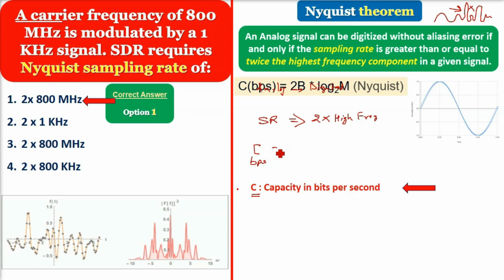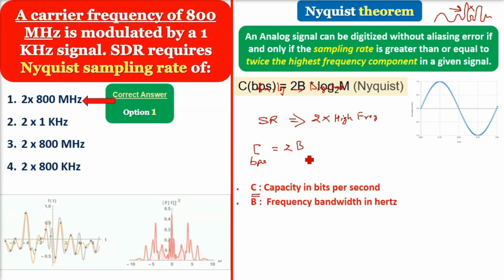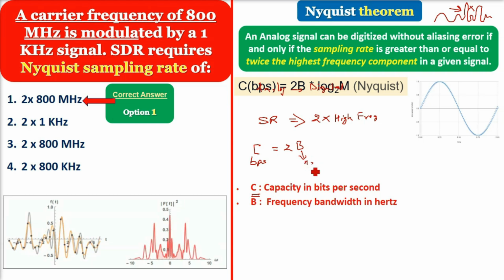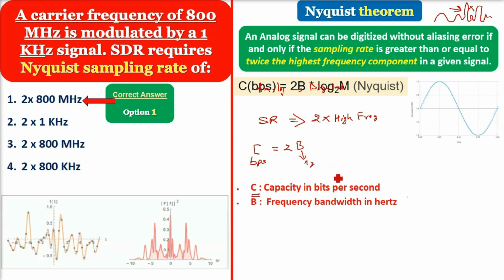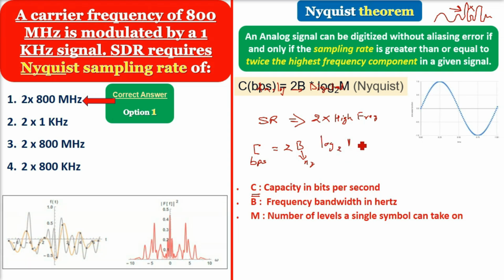Now this capital B is the frequency bandwidth in hertz, and M is the number of levels a single symbol can take on. So it can be 1, 2, 3, multiple levels.